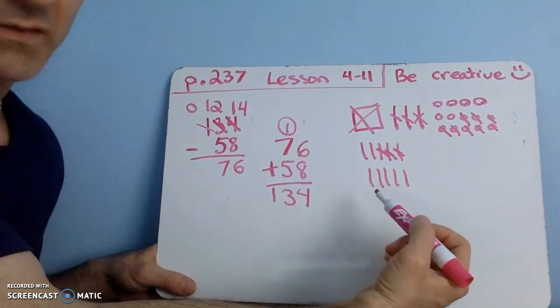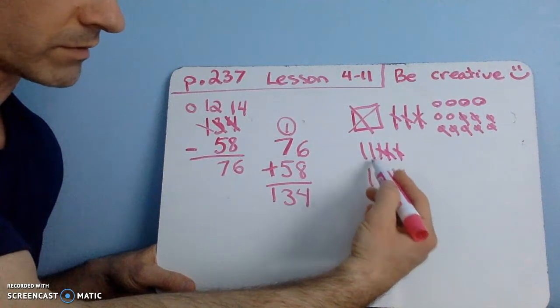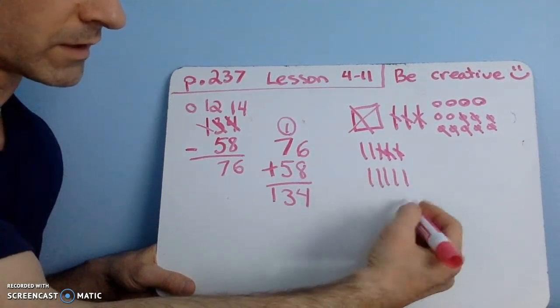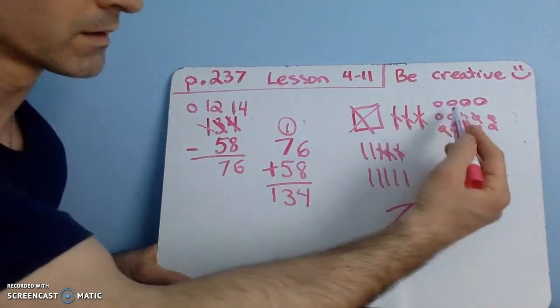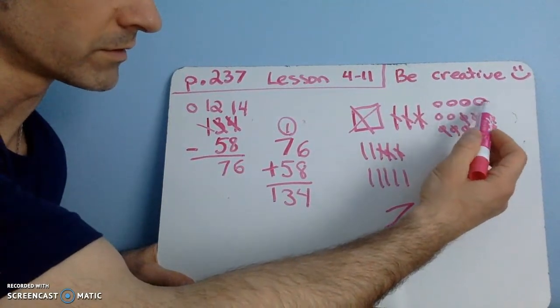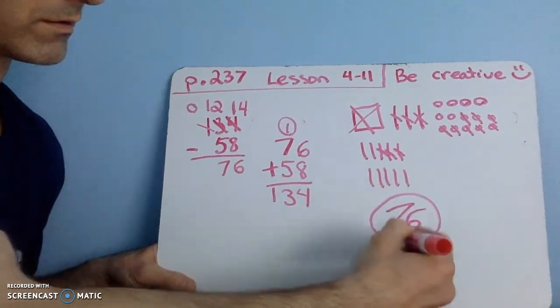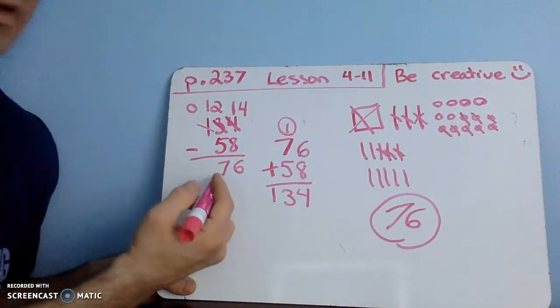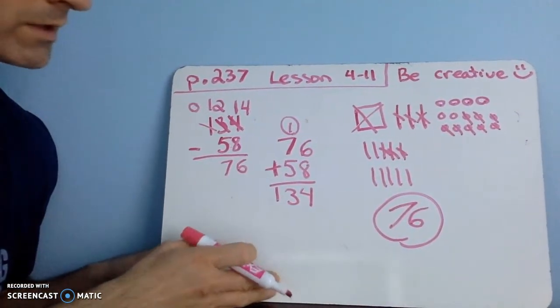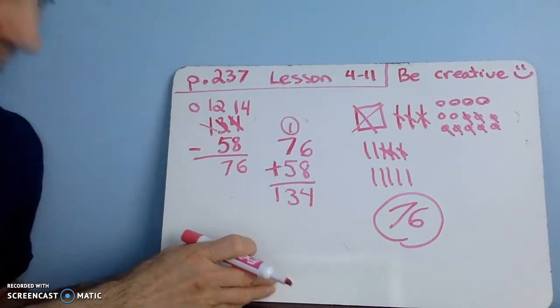So let's see what we have left that we did not cross out. We have 10, 20, 30, 40, 50, 60, 70. And how about ones? 1, 2, 3, 4, 5, 6. 76. So that answer matches the answer we got originally with our traditional way of vertical subtracting.